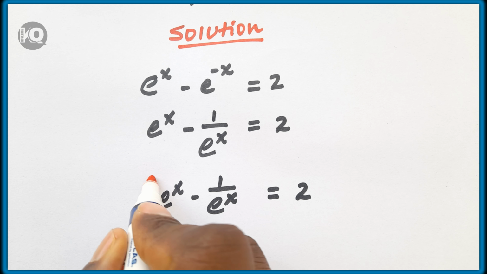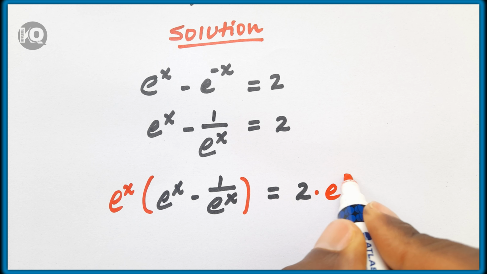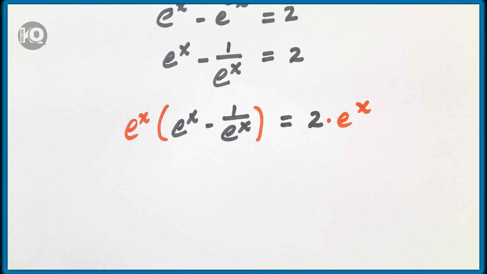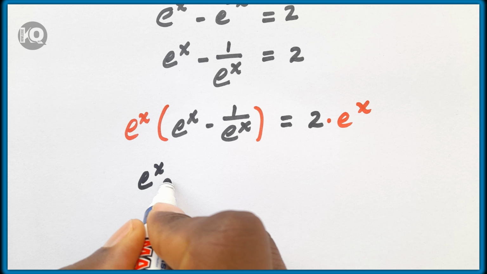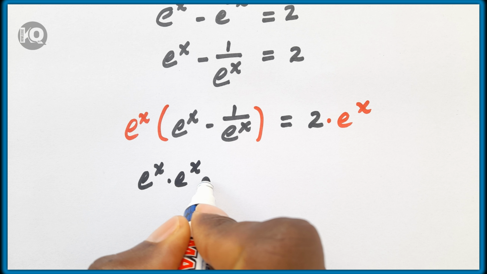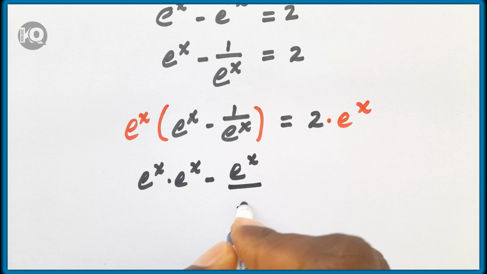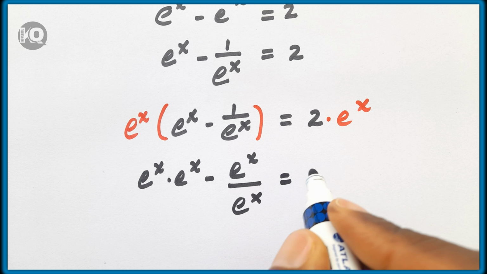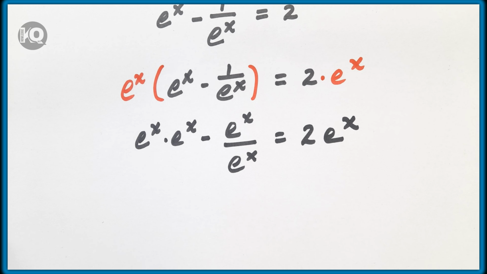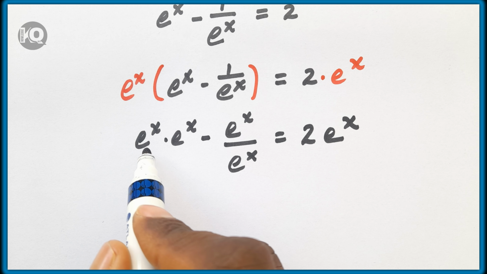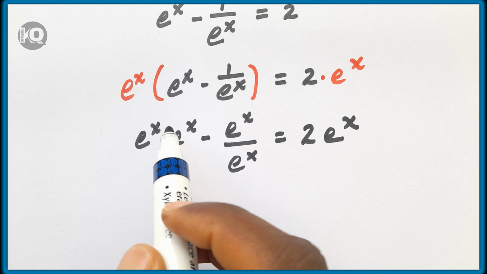Now let's multiply both sides by e to the power of x. It will be e to the power of x times e to the power of x, minus e to the power of x over e to the power of x, which is equal to 2 times e to the power of x. As you have seen, it's the same base, so we can sum up the exponents.